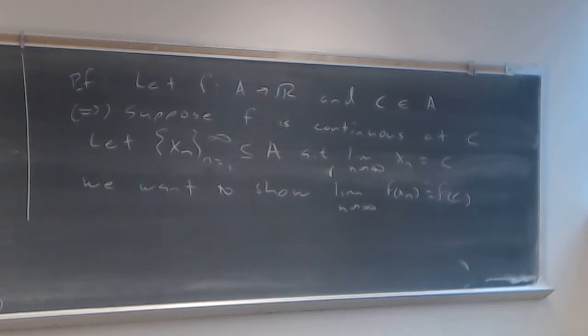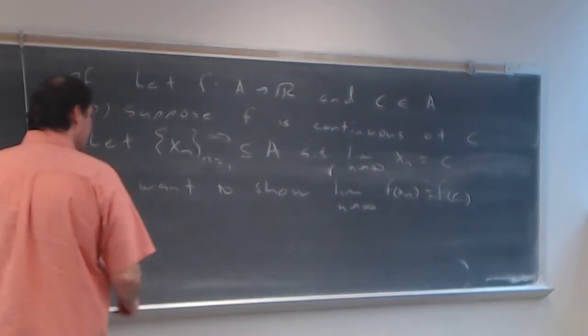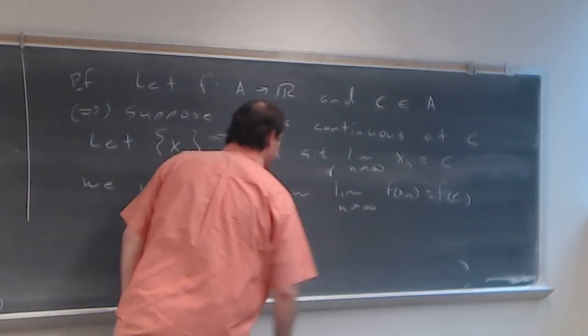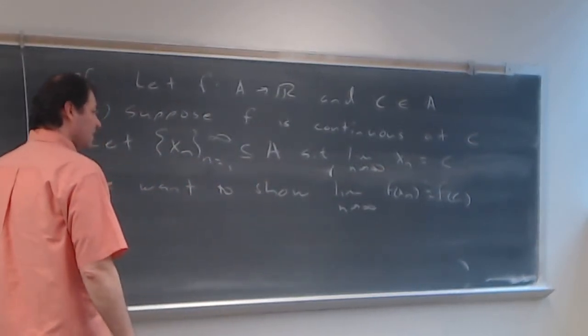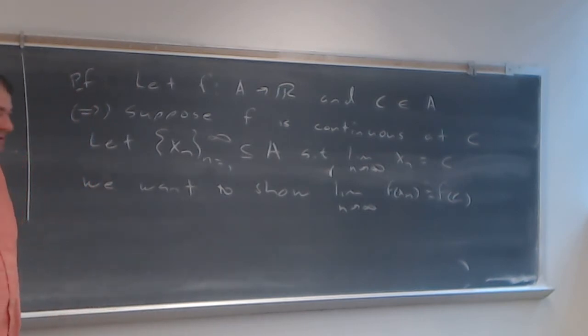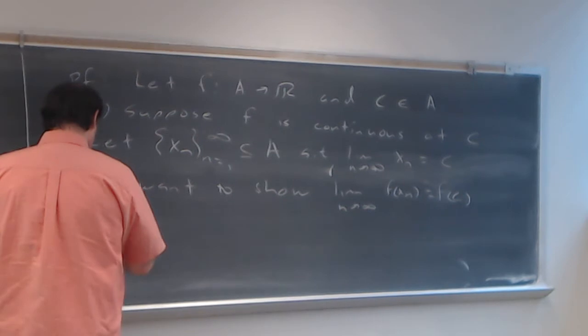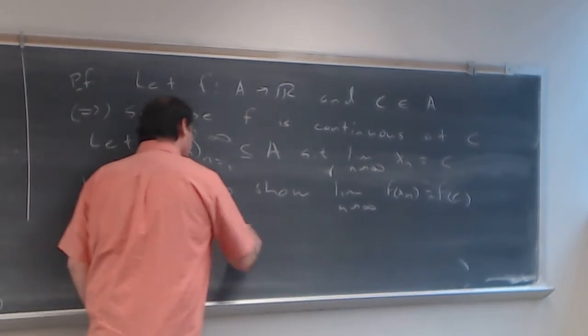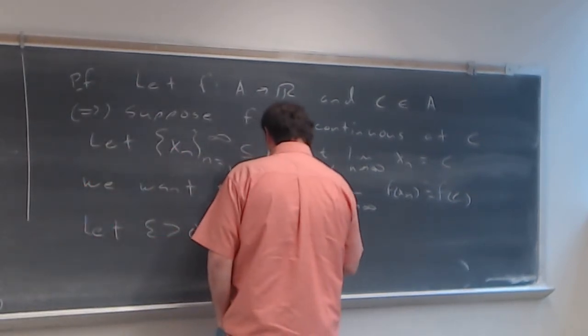Okay. Well, how am I going to show that the limit as n goes to infinity of f of x_n equals f of c? Well, I could use the definition. It's for a sequence of numbers. Sometimes I say sequence of functions by mistake. Sequence of numbers. How do I show a sequence of numbers converges to f of c? Well, we have a set format for this every time. We say let epsilon be greater than 0 be given.